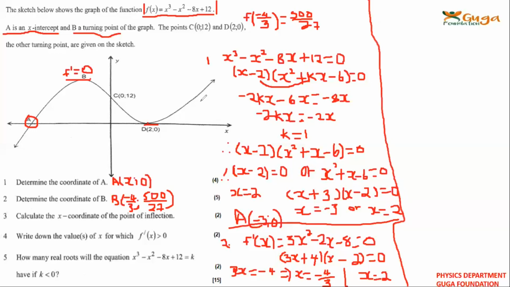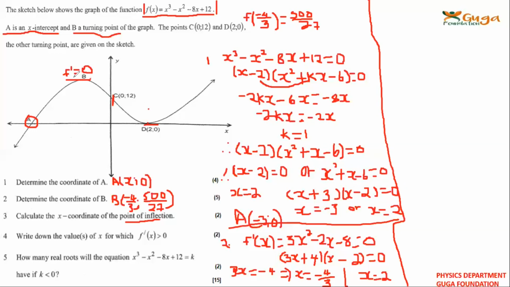Here the other question is saying, calculate the x coordinate of the point of inflection. So for the point of inflection, you just get the second derivative. It will be somewhere here, because here you've got concave down and then here you've got concave up, right?